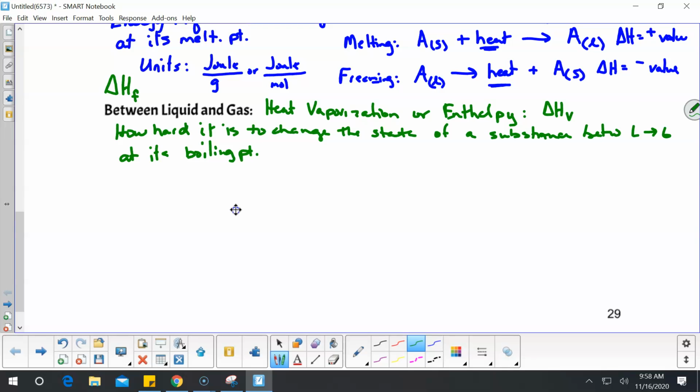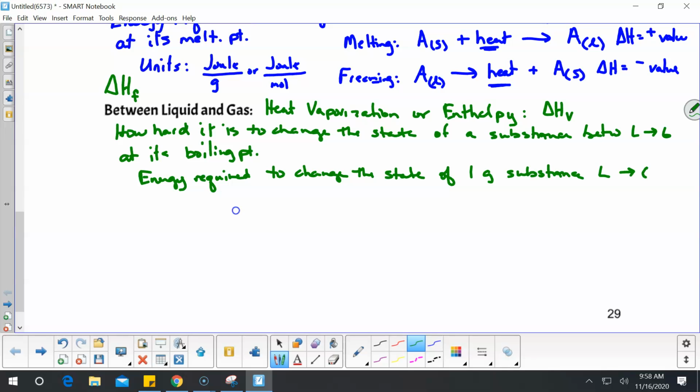More specifically, it is the energy required to change the state of 1 gram of substance from a liquid to a gas at its boiling point.